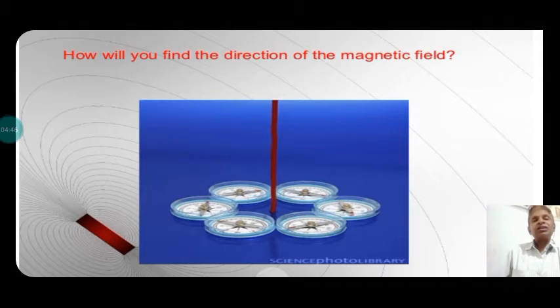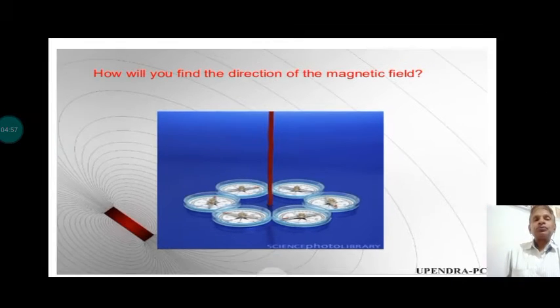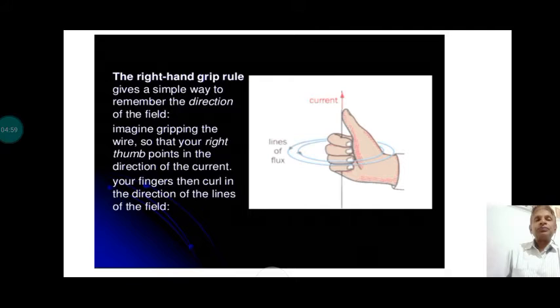How the direction of the magnetic field is found is illustrated by Maxwell's right hand thumb rule. The right hand thumb rule is a simple way to remember the direction of the magnetic field.